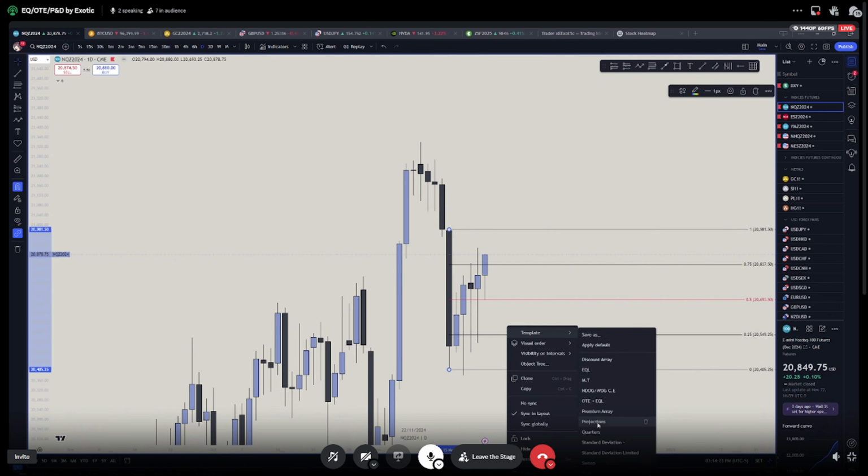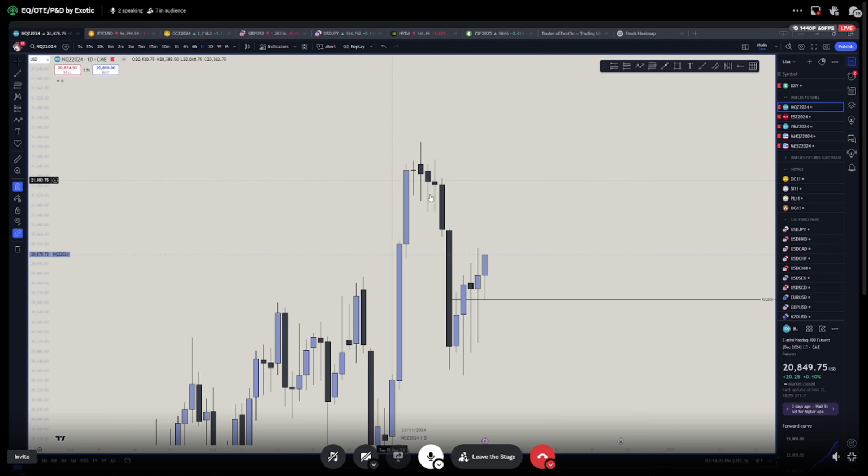Look at the previous day's daily candle here, and so you want to draw your equilibrium point or your premium discount point at the range high and the range low of the previous day's session here. And anytime you come above this here, this is going to be your premium for shorting, and anything below here is your discount for longing here, right?